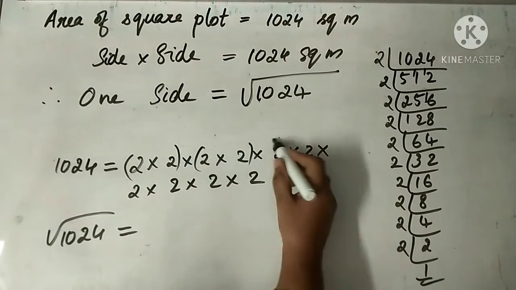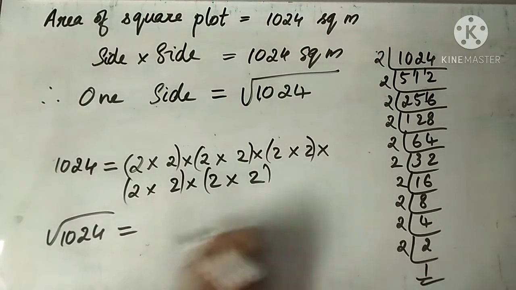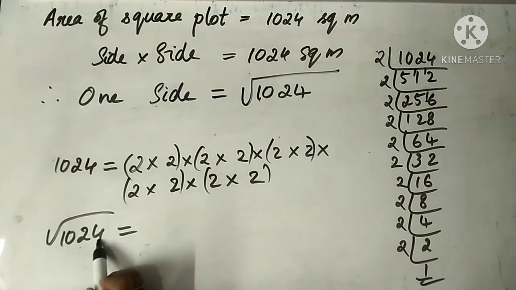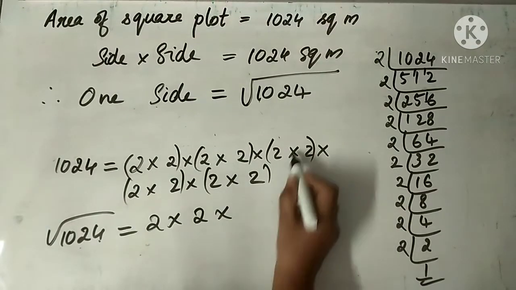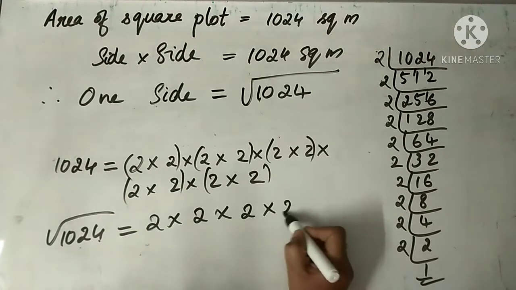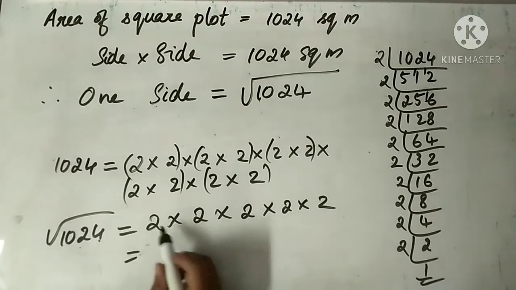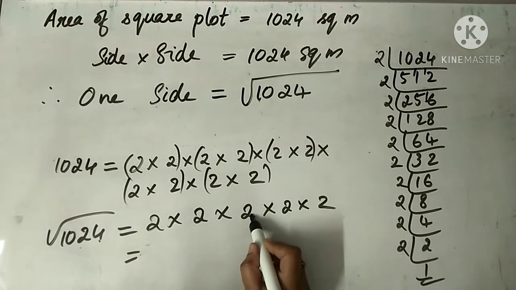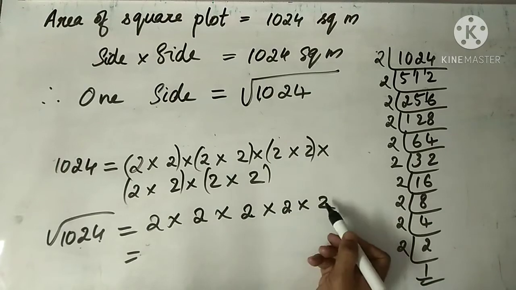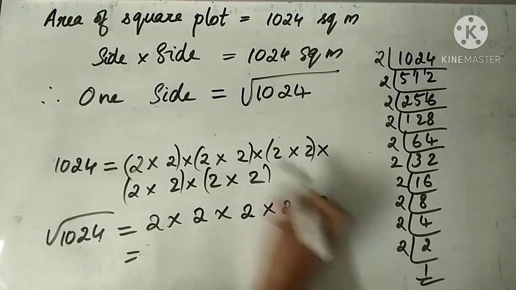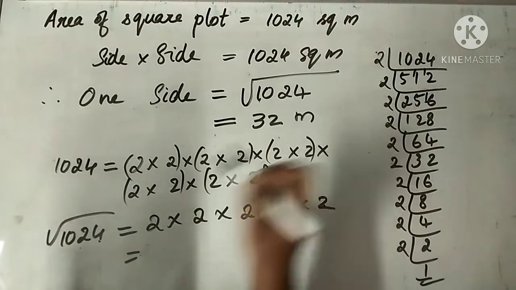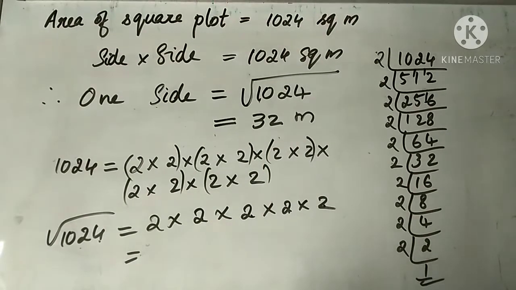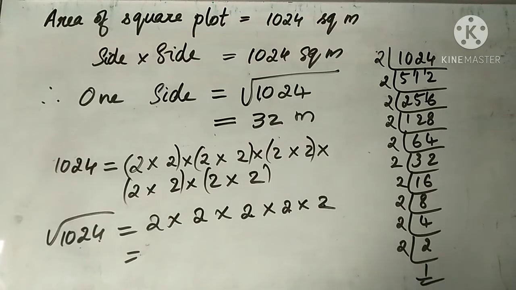We will pair like this. And we can find the square root of 1024 as 2 into 2 into 2 into 2 into 2. That is equal to 2 2's are 4, 4 2's are 8, 8 2's are 16, 16 into 2, 32. So one side is equal to 32 meter. The length of one side is 32 meter.